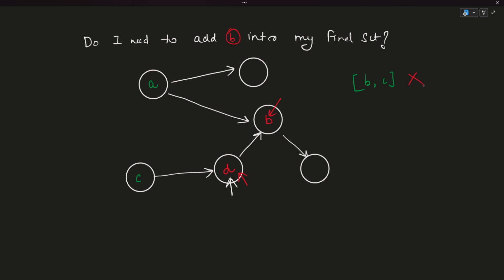The final question remains: do we need to add those vertices where in-degree is 0? The answer is yes, because if a vertex has an in-degree equal to 0, there is no other way possible to reach that node. So we have to include that node in our answer.